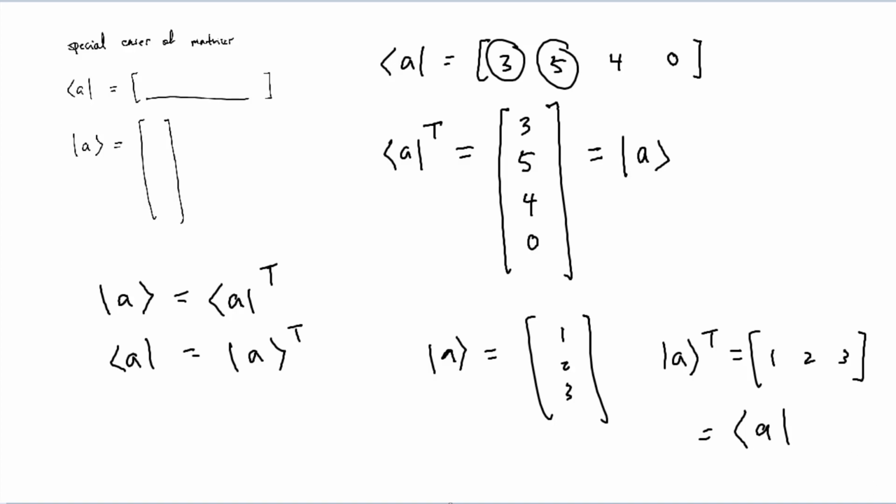Now, continuing down this line of thought, the concept of bra and ket vectors, let's circle back to matrices, and more specifically, the general definition of matrices, where you have some number of rows and some number of columns.